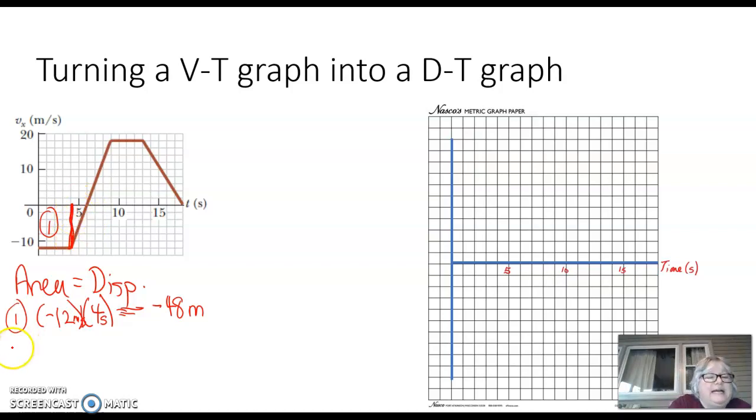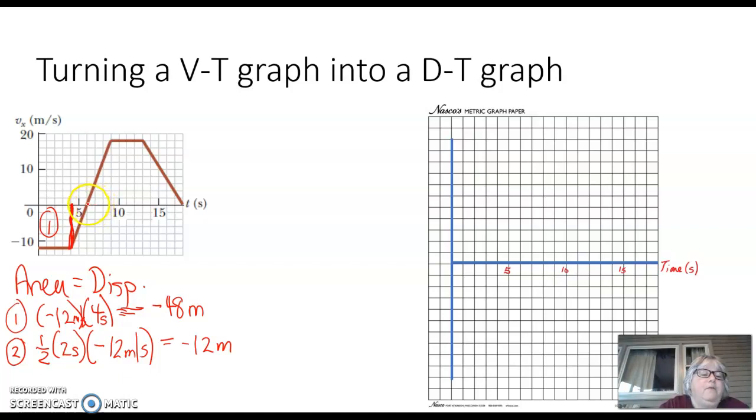For that section, again, it's a triangle, so my area is 1/2 the length, which is 2 seconds, times the height, which was, again, negative 12 meters per second. So 1/2 times 2 seconds is 1 second, so that gives me negative 12 meters.